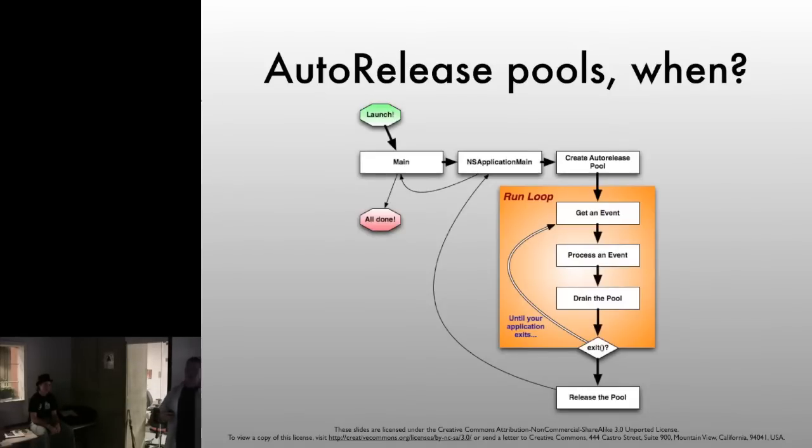That's where it drains all of the objects that have been added to the autorelease pool. Remember, it just calls release on those objects. If those objects have been retained somewhere else, typically by the caller, they stay alive. A prime example are factory methods like string with init with string, which returns you back an autoreleased string.